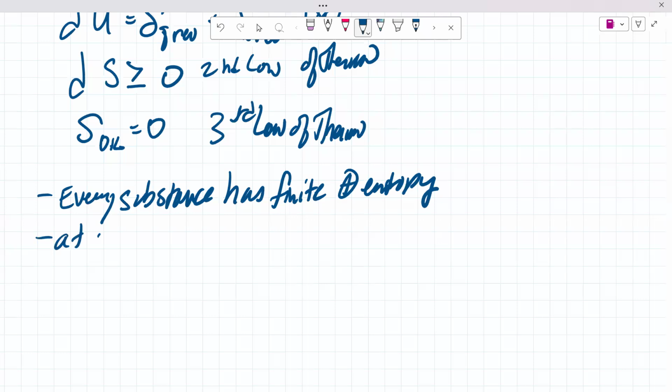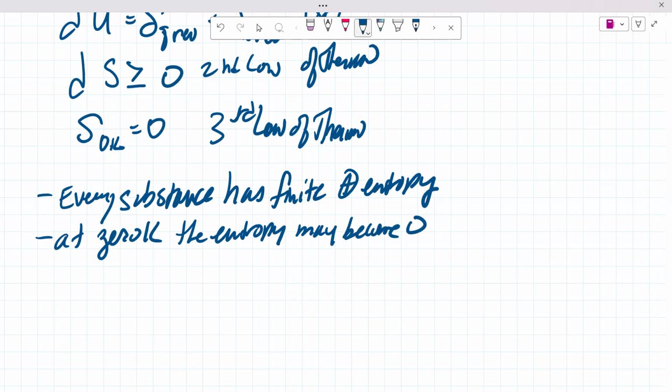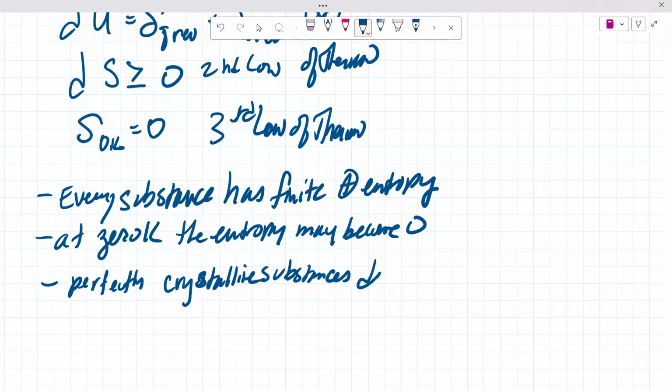At 0 Kelvin, the entropy may become 0. Perfectly crystalline substances do have 0 entropy at 0 Kelvin, though that's probably a hypothetical.